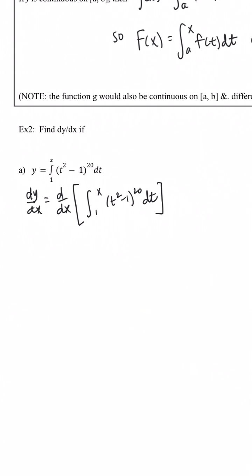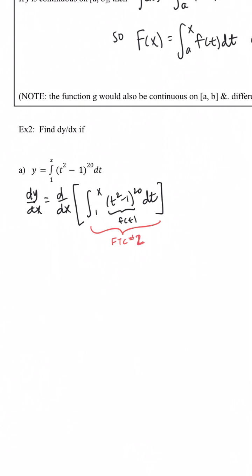Okay, I'm going from a number to a variable. And this thing right here is just a function in terms of t. I don't know how to take the antiderivative of that right now, but what I do know is that this part right here is the fundamental theorem of calculus part 2.